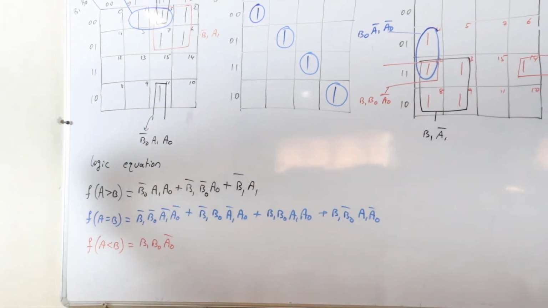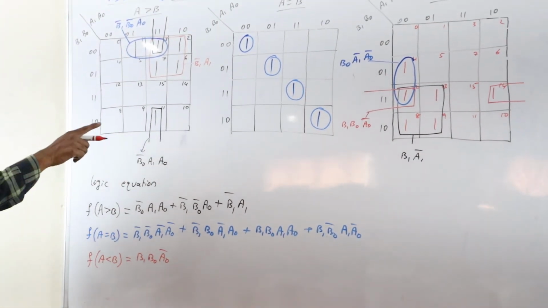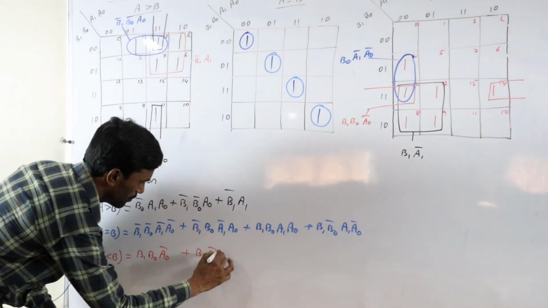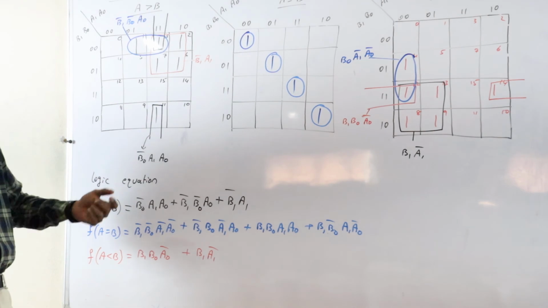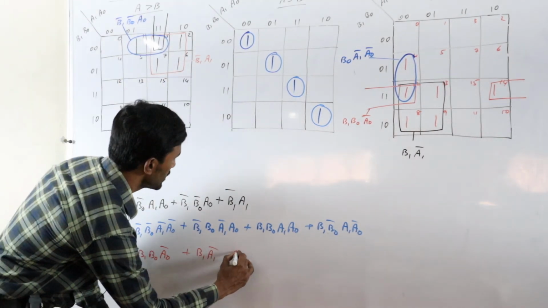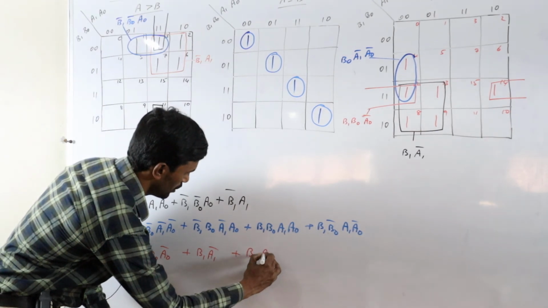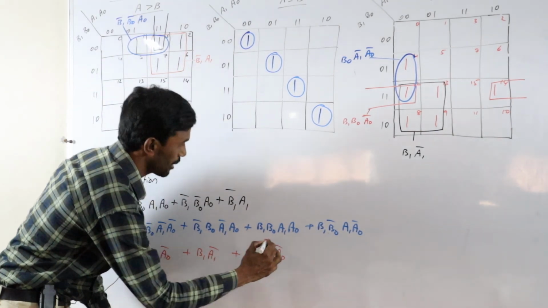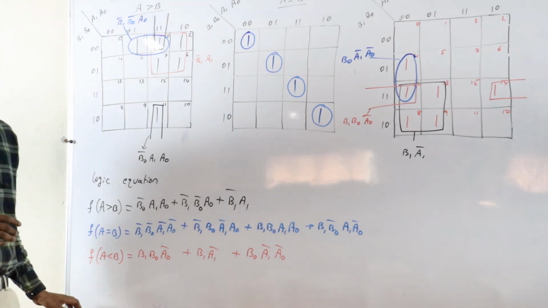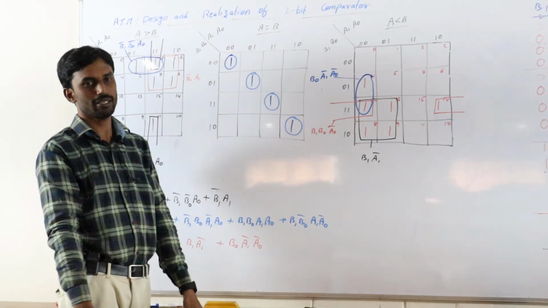Next min term B1, A1 bar. And then another min term B0, A1 bar, A0 bar. So this is the realization of the logical equations of your 2-bit comparator circuit.